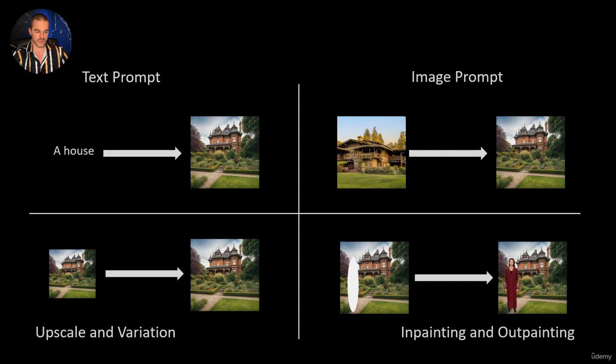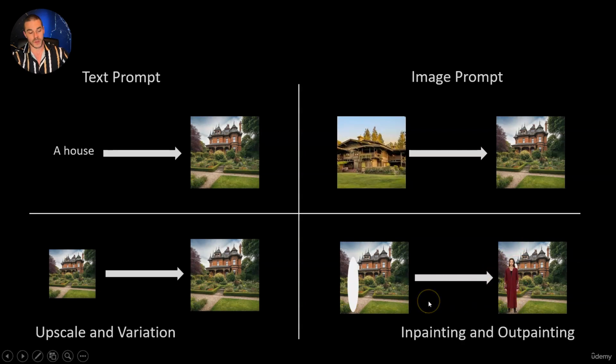And then last but not least, we have inpainting and outpainting, which is a very, very important function because it gives us the opportunity to change our images however we want them to be. For example, inpainting would mean we mask a certain area in the image and then we can inpaint, for example, a beautiful lady standing in the garden.